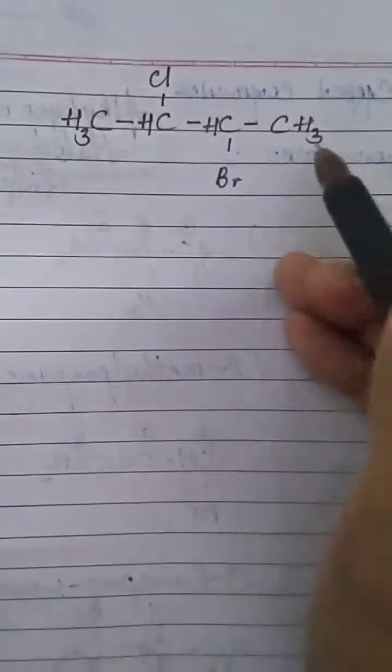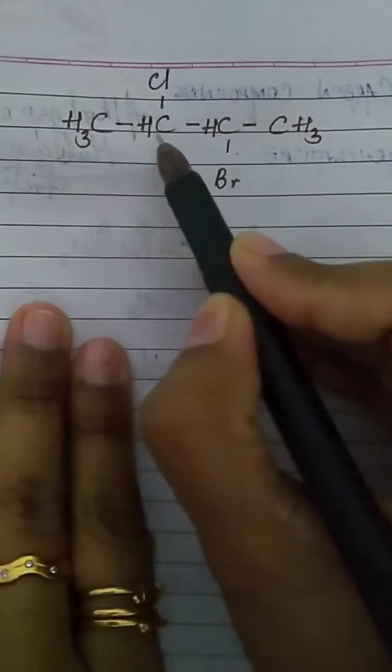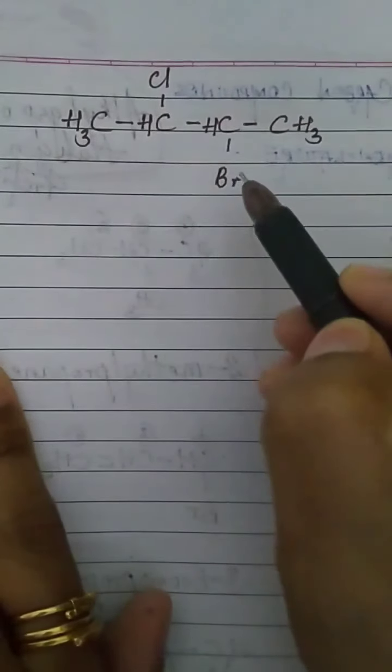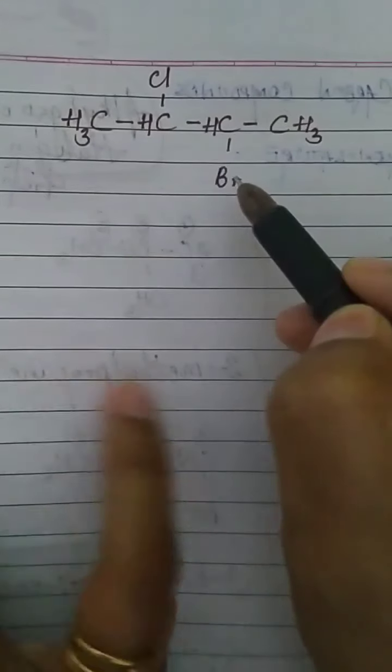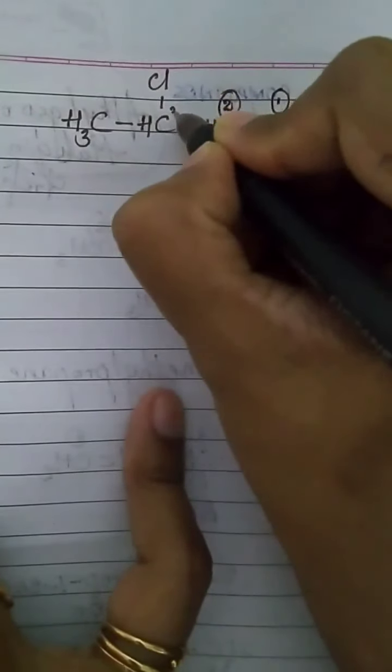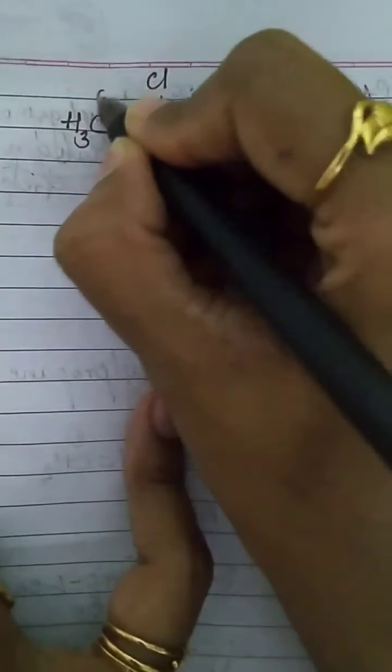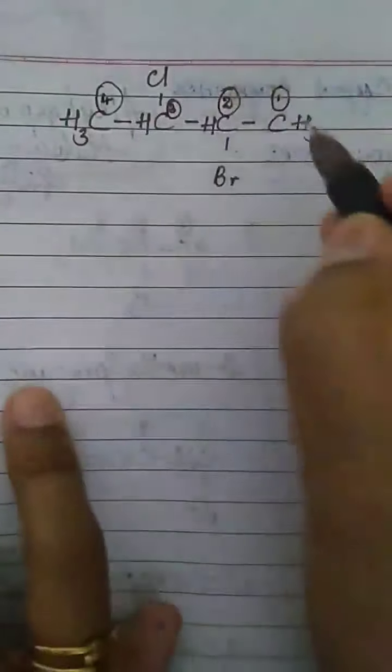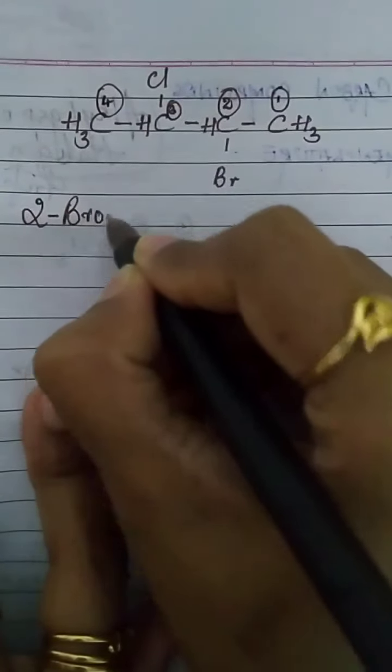Did you do it this way? That is, the longest chain is this way, right? So 1, 2, 3, 4. 4 carbons are there, and you have chloro and bromo. Alphabetical wise, Br should be given first position. So we will start numbering from here. 1, 2, 3, 4. Fine. So the name of this compound will be 2-bromo.